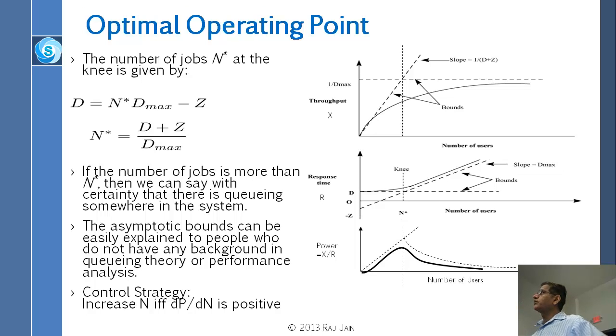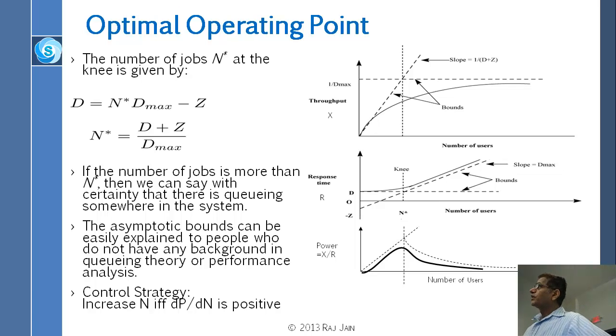So D equal to N star D max minus Z will give you N star, the knee point, equal to D plus Z upon D max. Based upon that, you can calculate the optimal number of users, and then you can do what we call capacity planning. If you're buying a system, buy it so that you can support the number of users that you have, or you limit the number of users to N star.